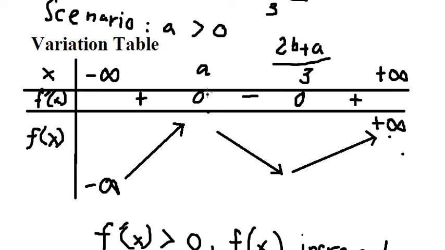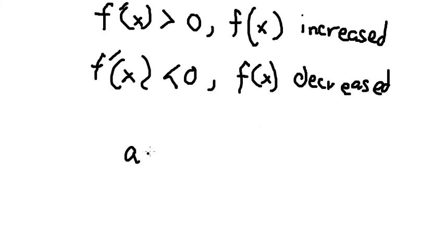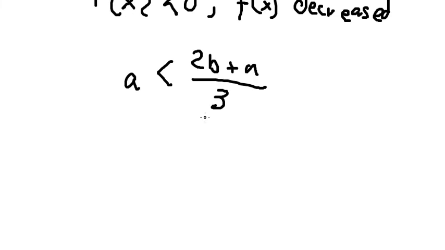Because we want s equal to 8 to be the maximum here, in this situation we see that a here and (2b plus a) over 3 should be greater than 8. So I will put number 3 to the left.